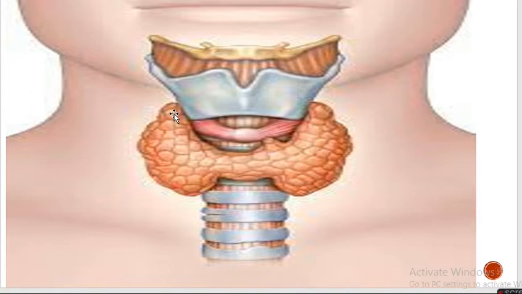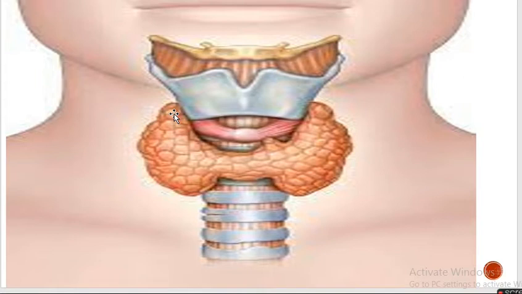The thyroid gland is very important because it maintains the metabolism of every cell. It controls the heart rate, the respiratory system, and GIT peristaltic movement. It also controls the body temperature, and it has many functions.